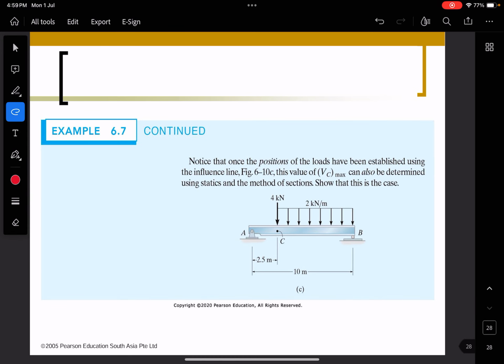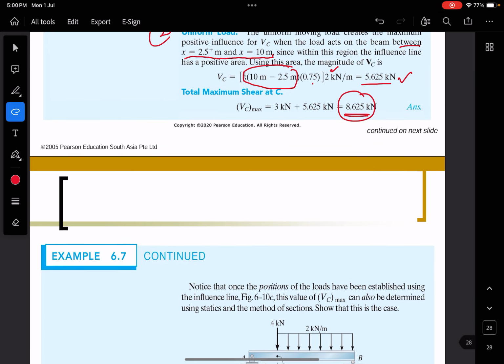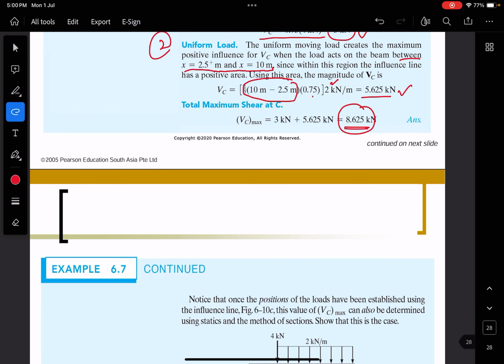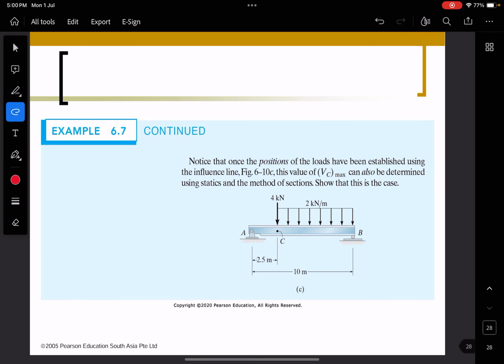Okay. So in another way, if you want to check whether your result here is correct or not, you can also do it by using the method of sections, the one that you already learned in chapter 4.